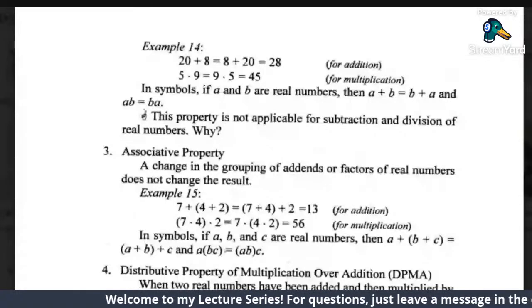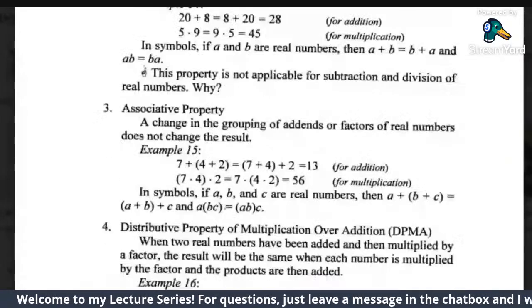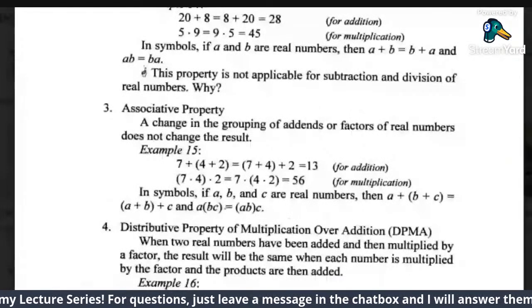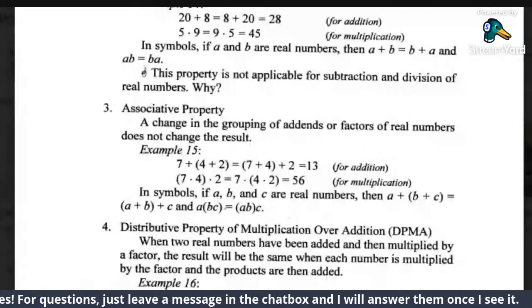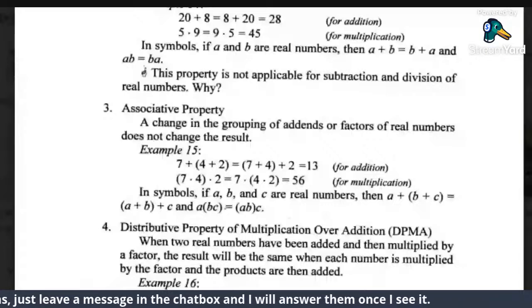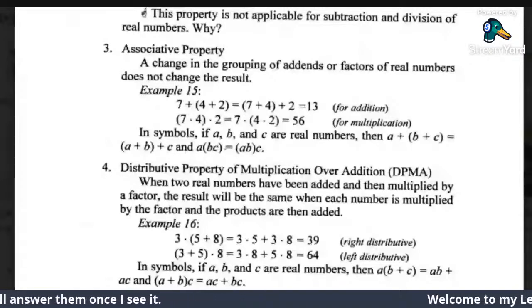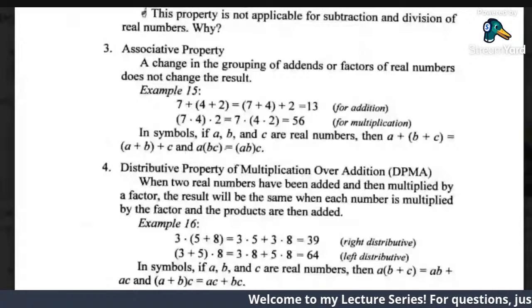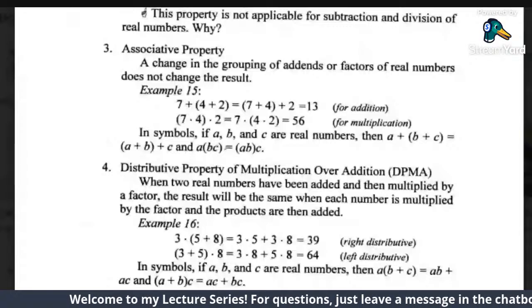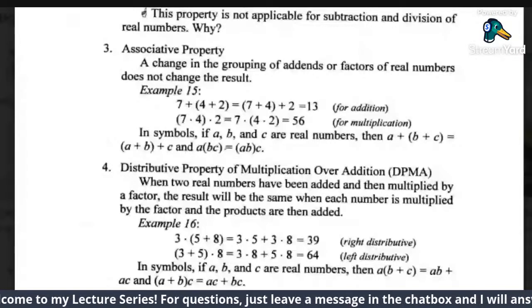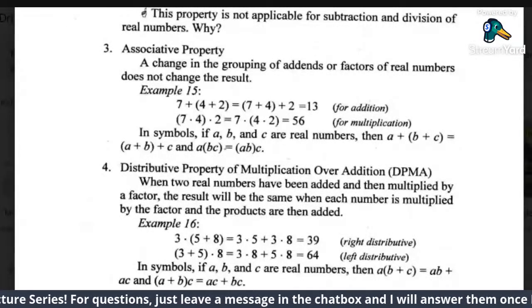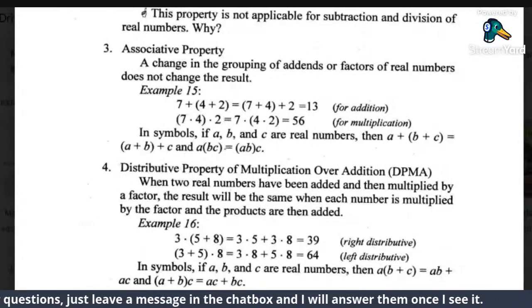Now we move on to the associative property. A change in the grouping of addends or factors of real numbers does not change the result. So when we talk about the associative property, it's the grouping. Let's say you are adding three different real numbers; grouping them does not affect the result.